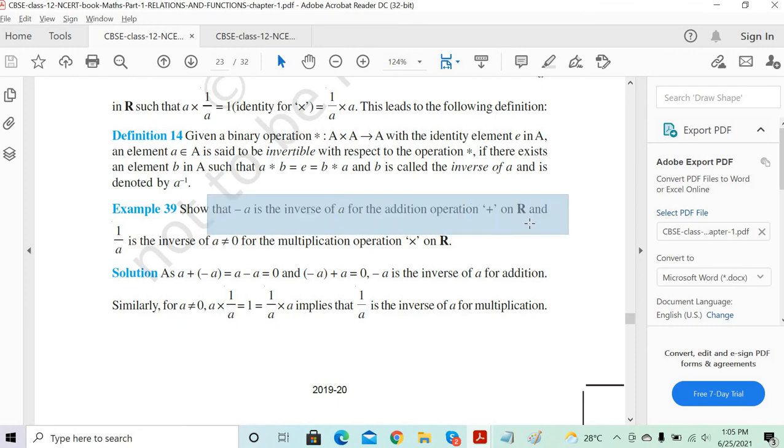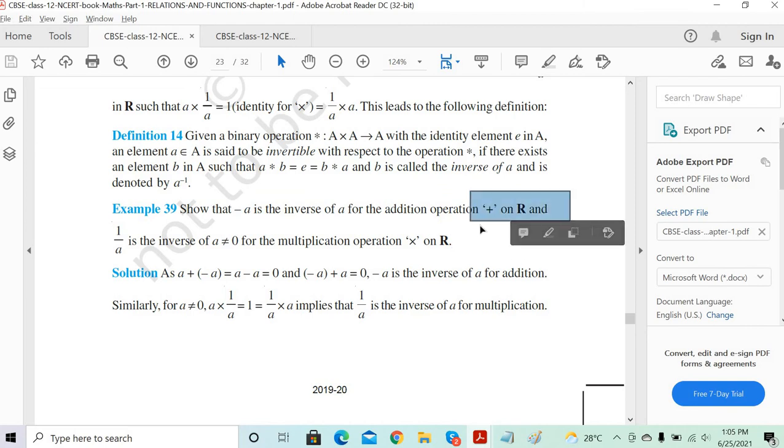In the plus operation, when you add any two real numbers, the identity is 0 only, because a plus 0 should be the same as 0 plus a. Now you got 0 as the identity element.